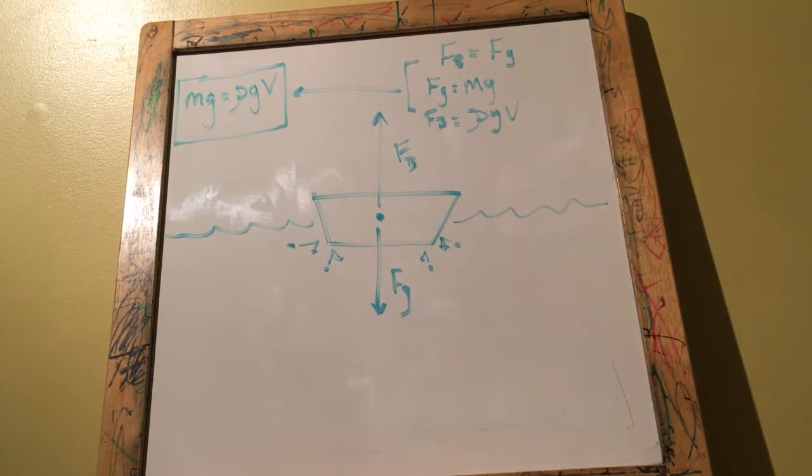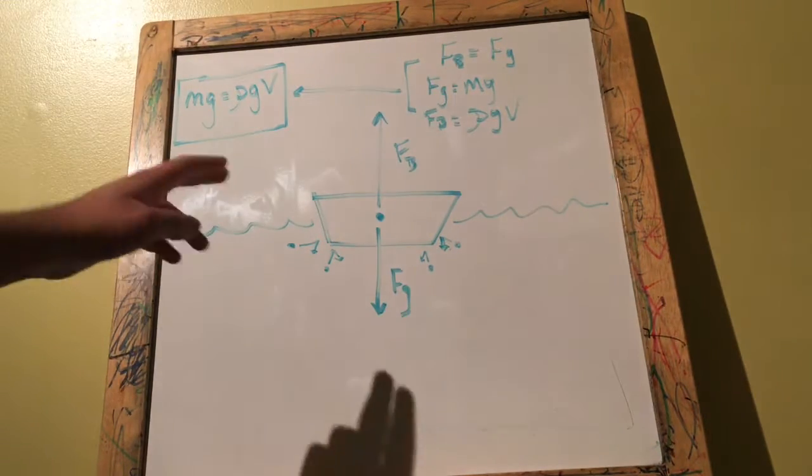Now, you know that the force of gravity has to equal the buoyant force because Newton's first law says that every object persists in its state of rest or uniform motion in a straight line unless it is compelled to change that state by forces impressed on it. So, in this case, the object is at rest and it's not accelerating in any direction horizontally or vertically.